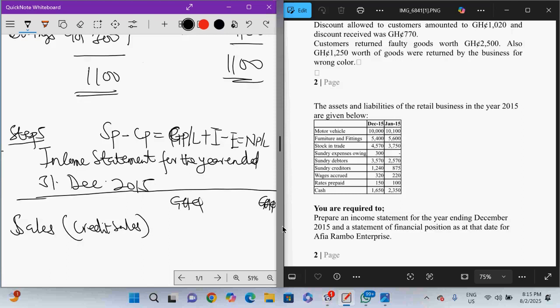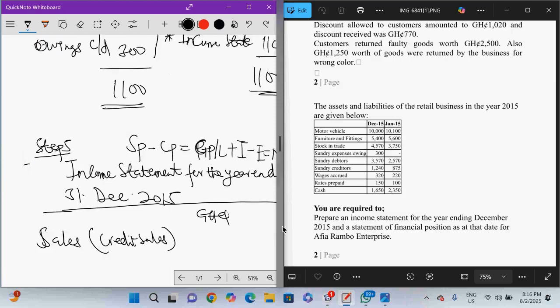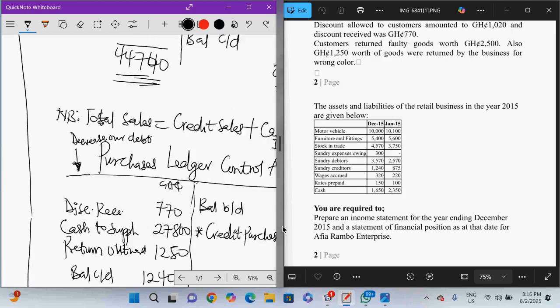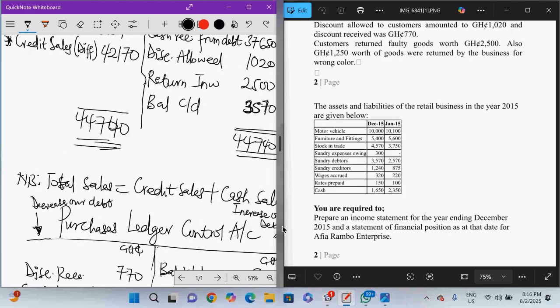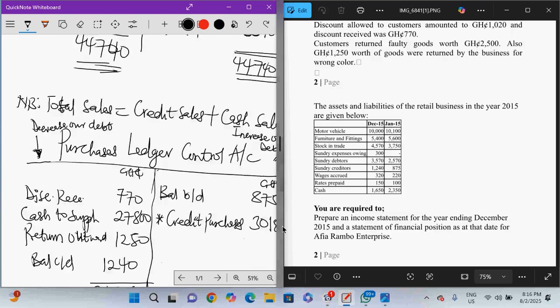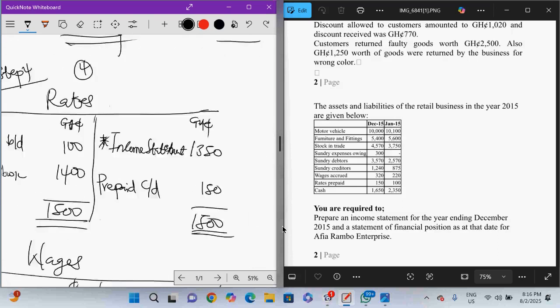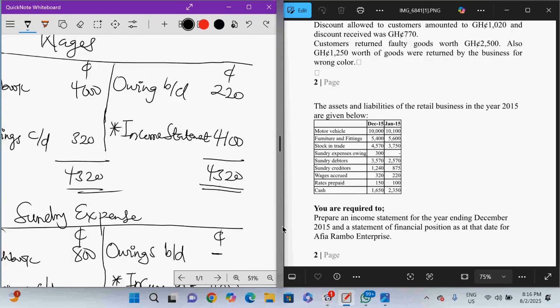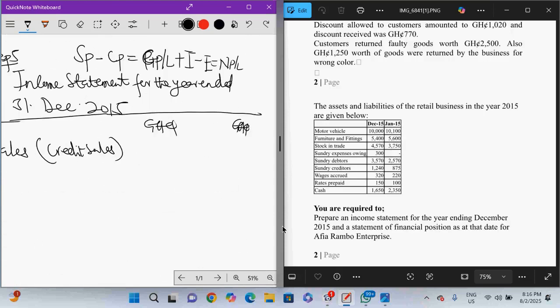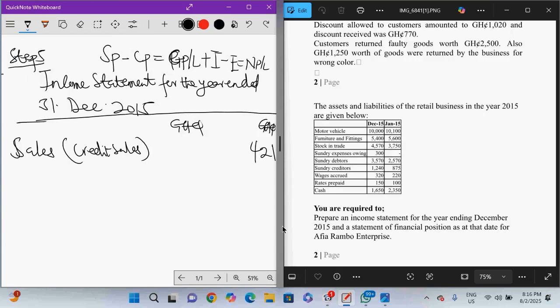And what is the amount? How much did we get for the credit sales? The credit sales, we had 42,170. Right.